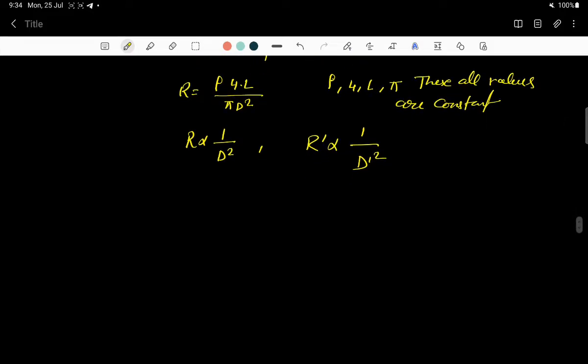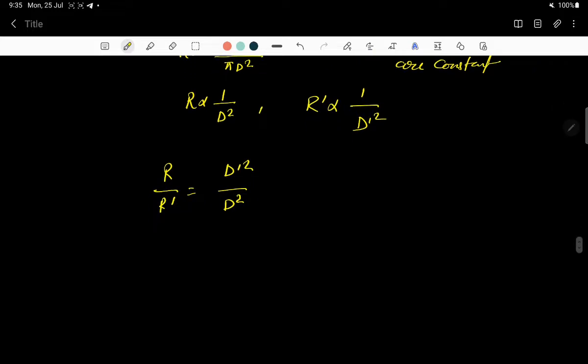So we can relate these two terms, and we can write that R upon R dash is equal to d dash squared upon d squared.